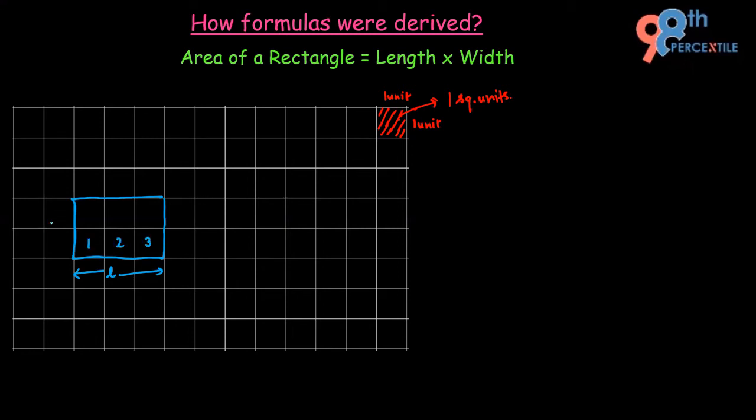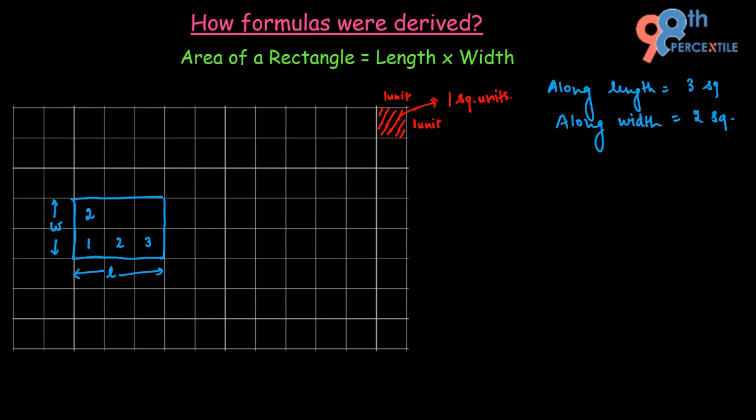And along its width it has 2 squares, 1 and 2. So along the length this rectangle has 3 squares, and along its width this rectangle has 2 squares, right?